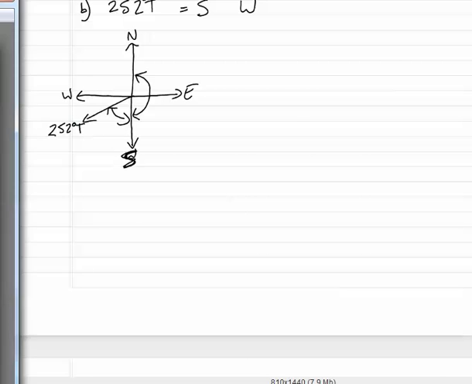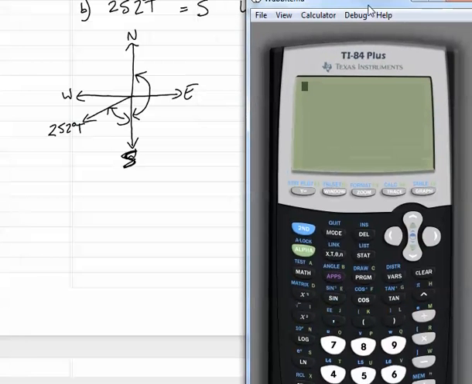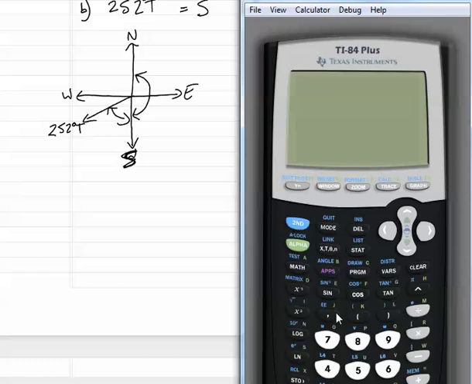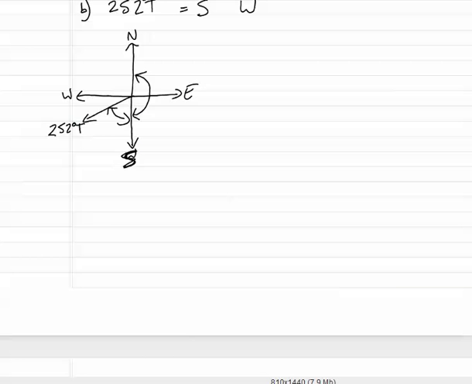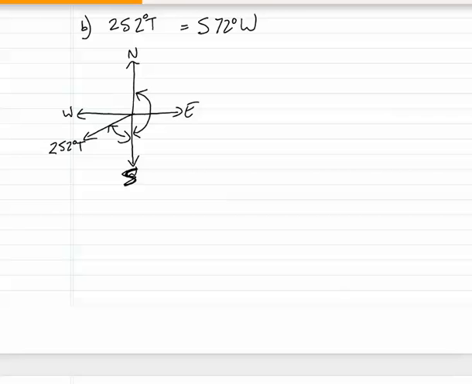Let's just do the maths. 252 minus 180. There we go, we've got 72 degrees. So you can always convert between bearings and draw bearings.